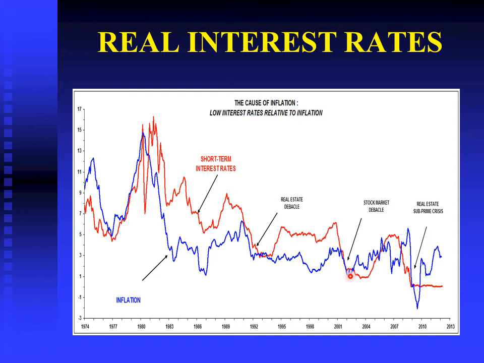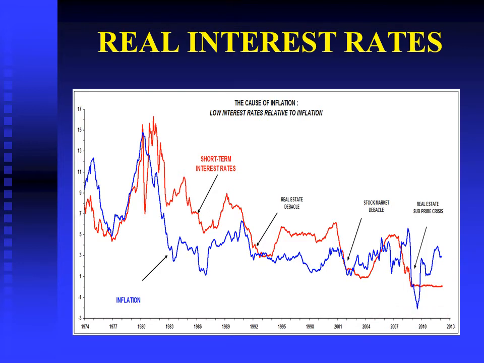Then beginning in 2001, short-term interest rates have been mostly below the rate of inflation. Again, remember these 3 dates. Up to 1982, real interest rates were below inflation. From 1982 to 2002, interest rates were above inflation, and then beginning 2001, 2002, interest rates below inflation.